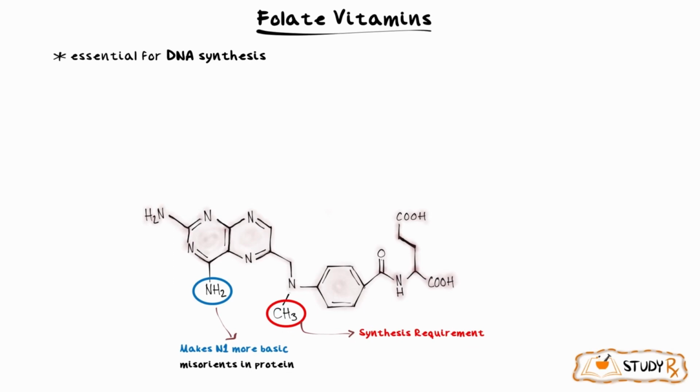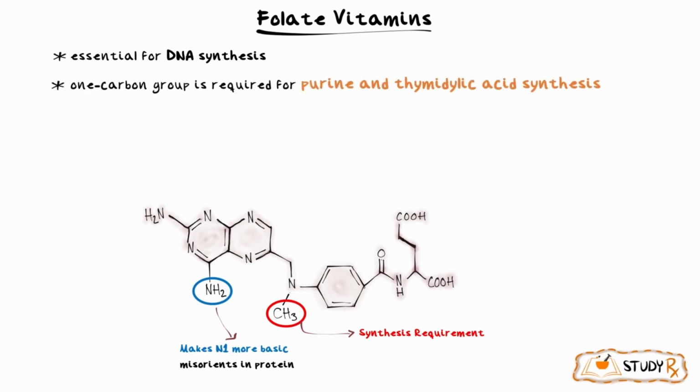Folate vitamins are essential cofactors in the DNA synthesis. They carry 1 carbon group that is required for purine and thymidylate acid synthesis. Being that it is a folic acid analog, methotrexate will competitively inhibit DHFR. Again, it's important to note that methotrexate will competitively inhibit DHFR. What is DHFR?